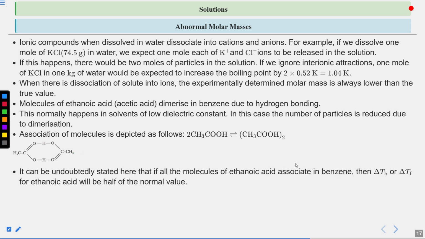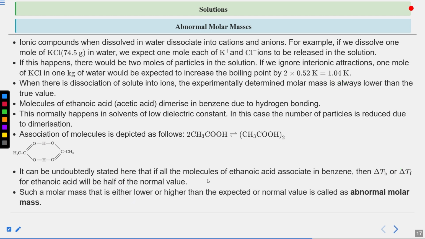Now, due to this dimerization, the delta TF or delta TB is being halved. So in case of dissociation, the elevation is doubled or the depression is doubled, but in case of association, it is being halved. And we get a molar mass which is not equal to the normal molar mass of the solute that we know. And this thing is termed as abnormal molar mass.